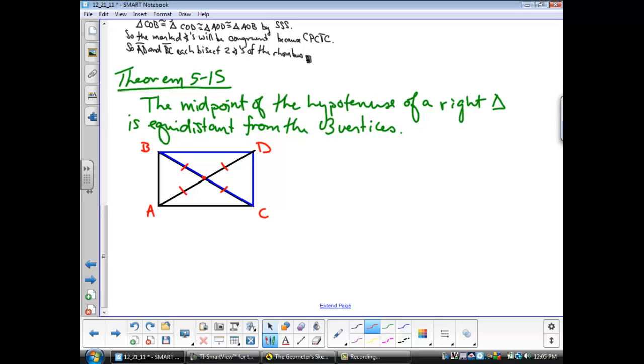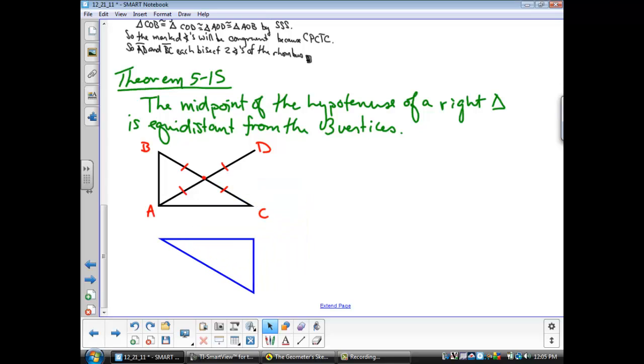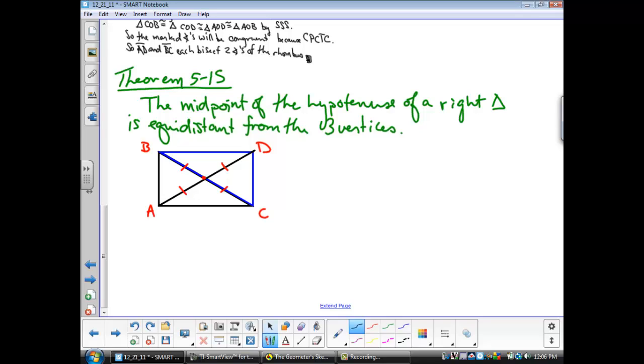Which means, if I take this other piece off, you can see that the midpoint of the hypotenuse of the right triangle will be equidistant from all three vertices, which is what we're proving here. So to write the proof now, what we are given is that we have a right triangle ABC.